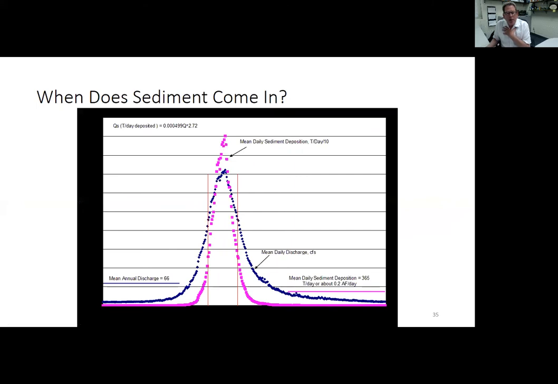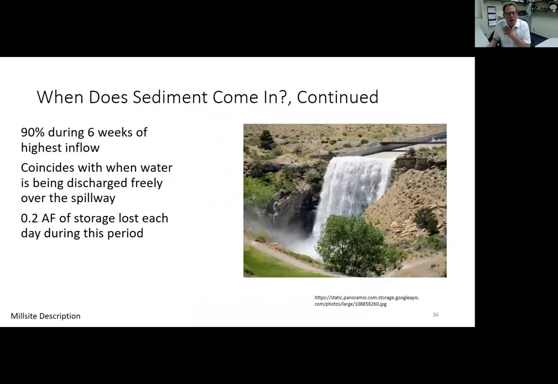This is a snowmelt dominated watershed, and most of the sediment comes in during a particularly short period of the year. So as a matter of fact, 90% of the annual load comes in during 6 weeks. And that coincides when the water is spilling over the spillway if the reservoir level gets high enough. And on a daily basis, they lose about 0.2 of an acre foot of storage due to sedimentation.